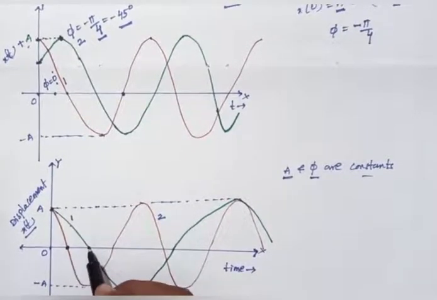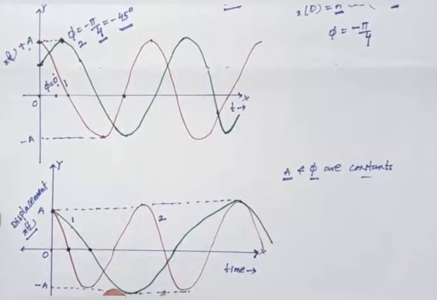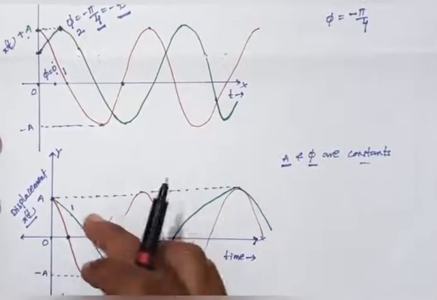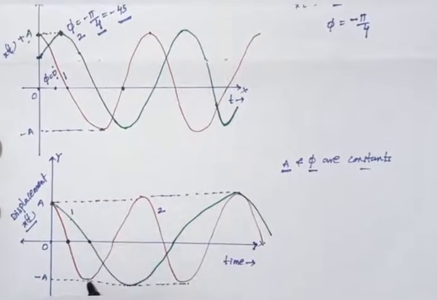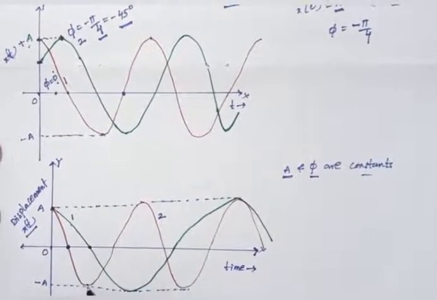The displacement is 0 at the time period. At t equals T by 4 it has already increased, it is doubled, so that is t equals T by 2.